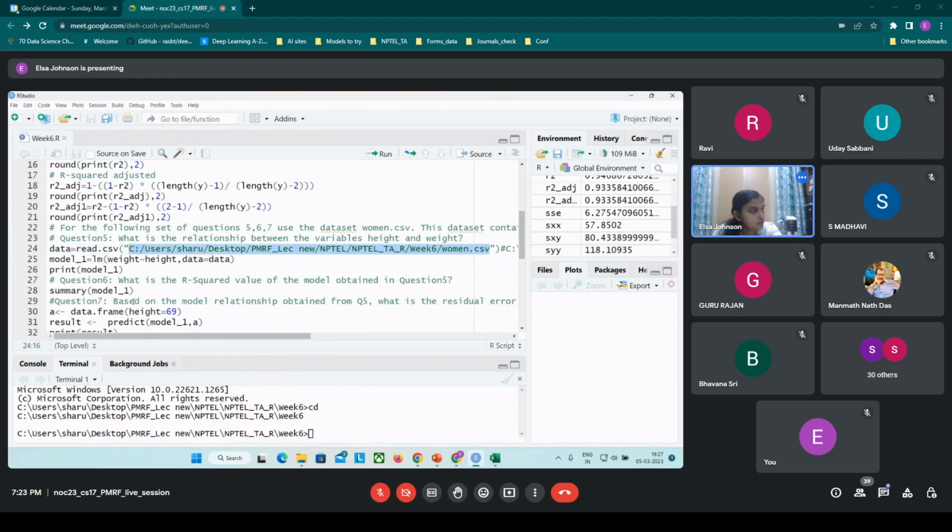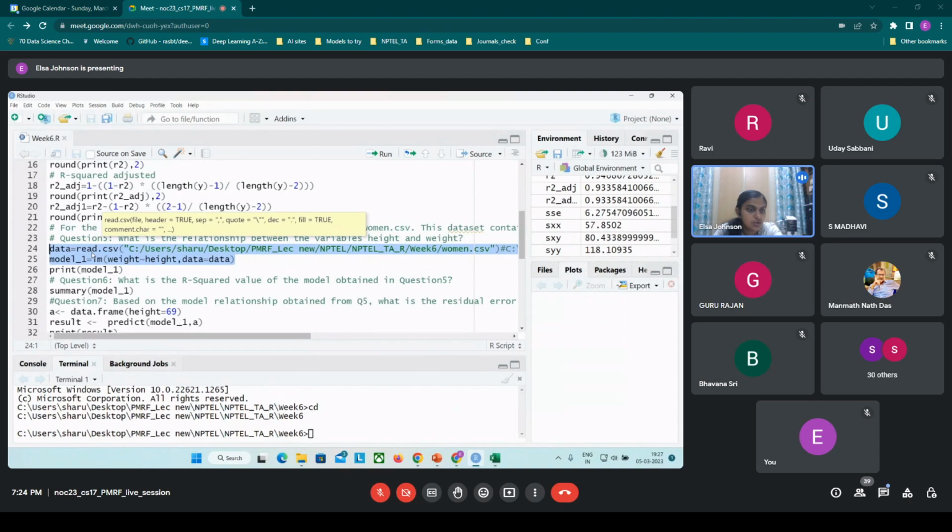Right now I have given it like this, and what you have to do is read that. Reading the data from a CSV we had already seen in many of the lectures earlier.